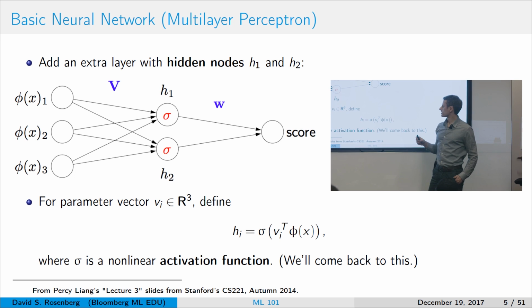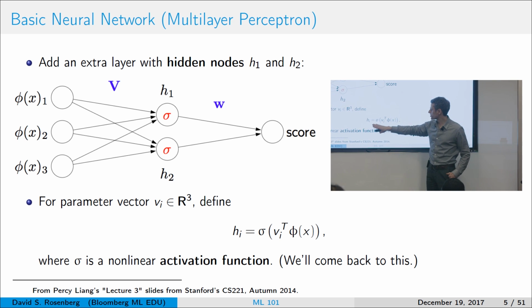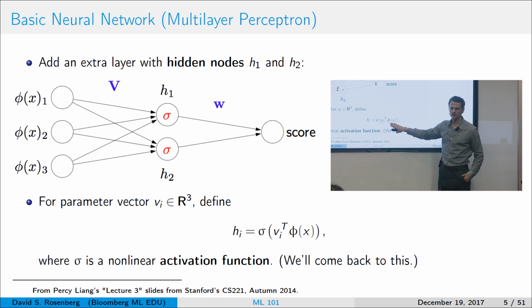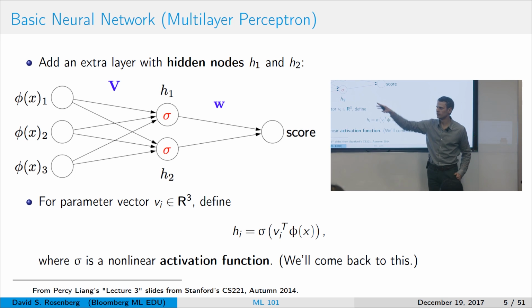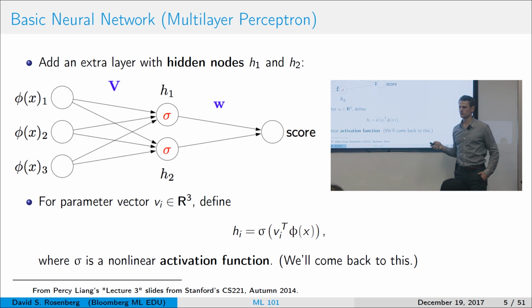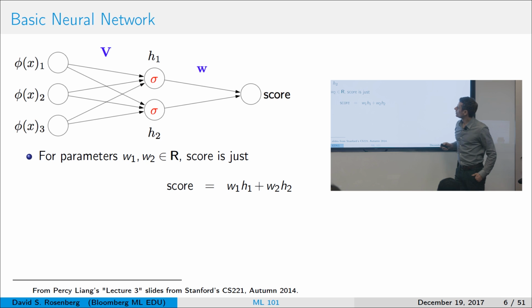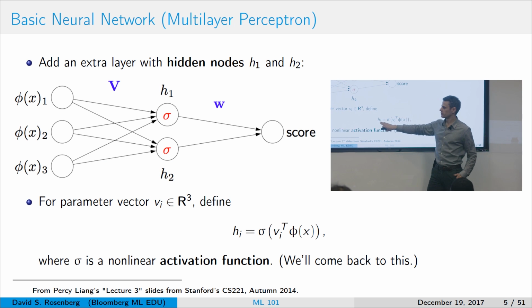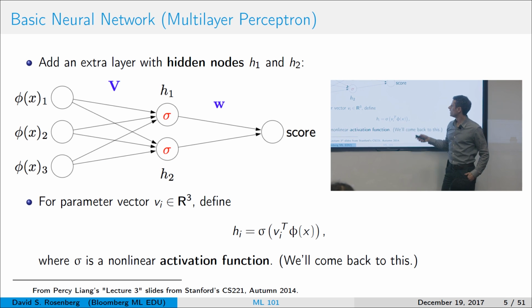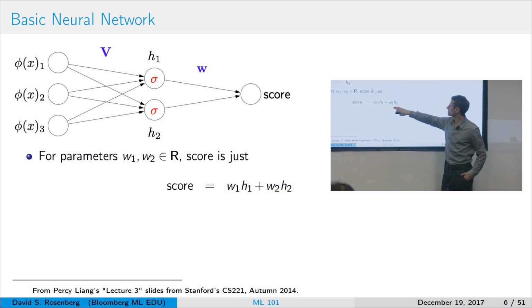If we write it down in equation form, each node h_i will be sigma, that's our nonlinear function, of our linear transformation of the input feature vector. We can imagine that there's a bias term in there by setting one of the features to be constant 1 as usual. All right. So this is describing the 2 hidden nodes, and then finally we'll combine those linearly with some parameters w.